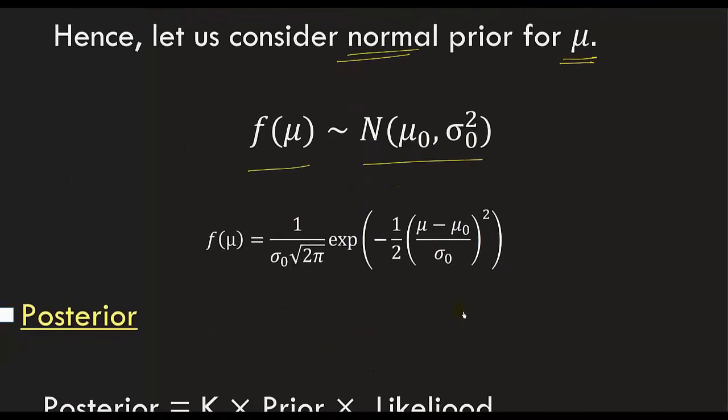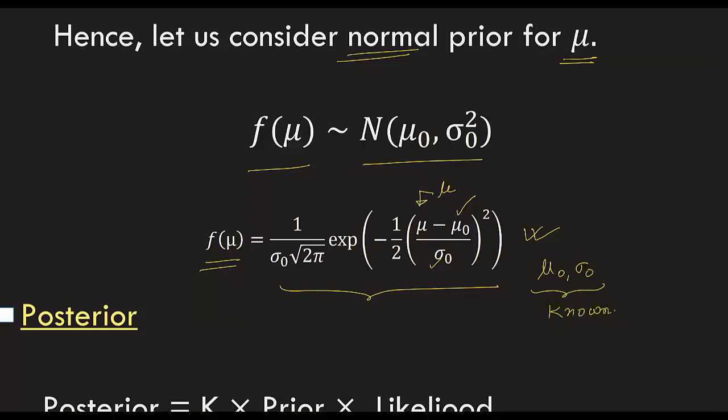In other words, we can write the PDF for the prior distribution for mu as this function. Only thing is, in place of x, I have replaced it with mu because this is a probability density function for mu, and the corresponding parameters are mu naught and sigma naught. Of course, in both cases, these parameters are known; mu naught and sigma naught are known parameters.